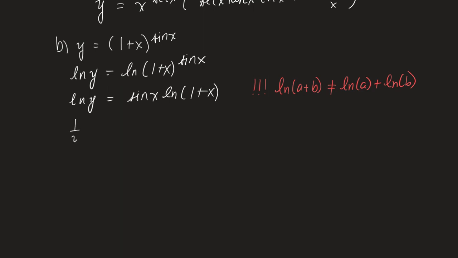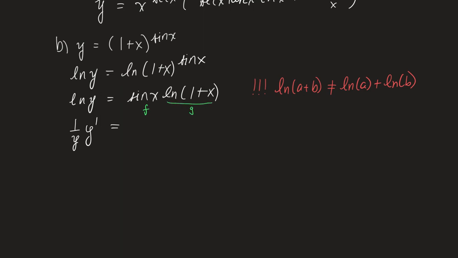All right, so we need to differentiate now, and I'm differentiating implicitly. So I have 1 over y times y prime is equal to, and here I need to use the product rule. So reminder, if I'm thinking of the product rule, this is my f, and this is my g.